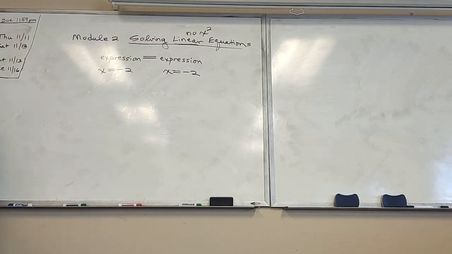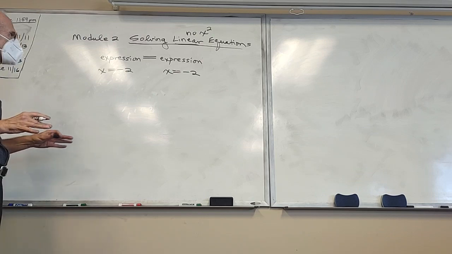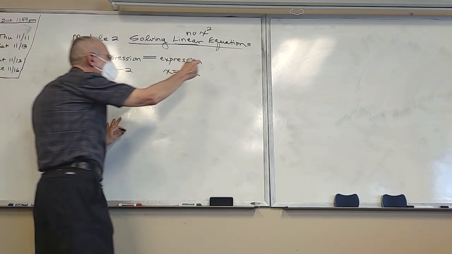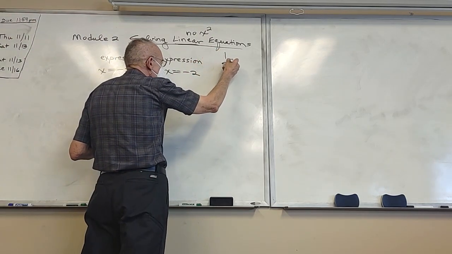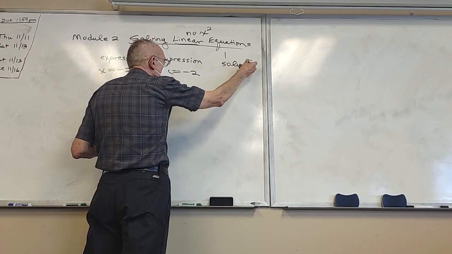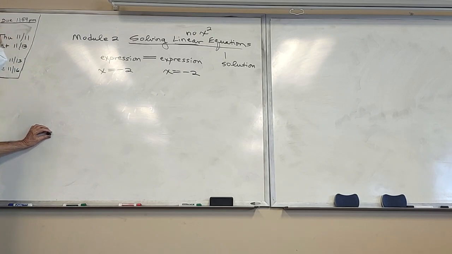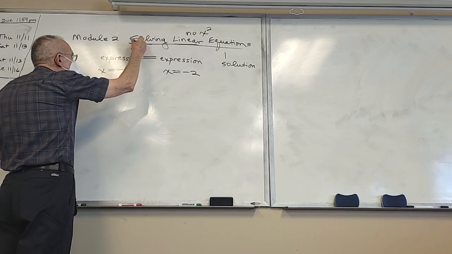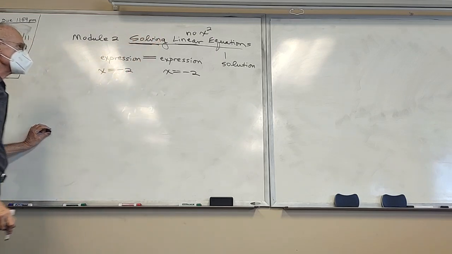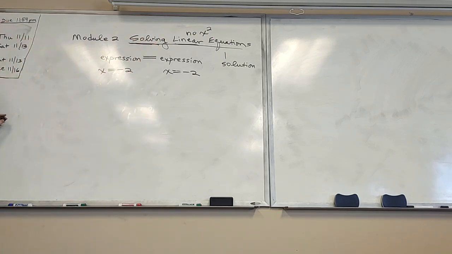So if all it's got in it is x terms and numbers, there will only be one solution, and you have to decide what it is. That's totally different than evaluate. That's solve. Okay, so we've got to come up with some procedures to solve equations.